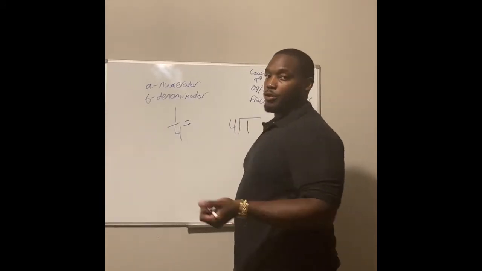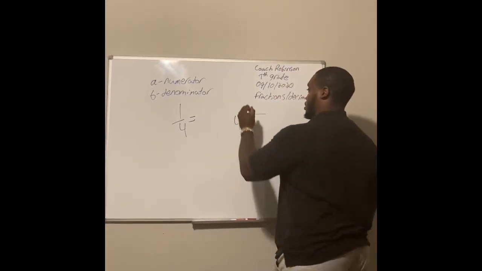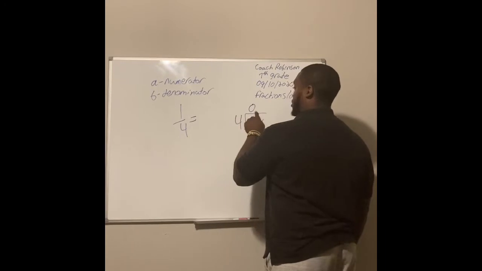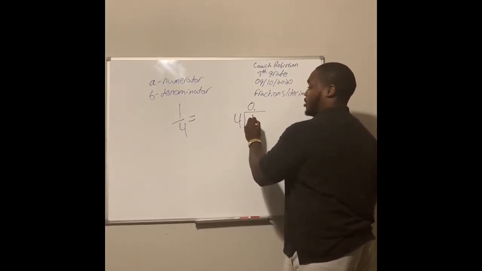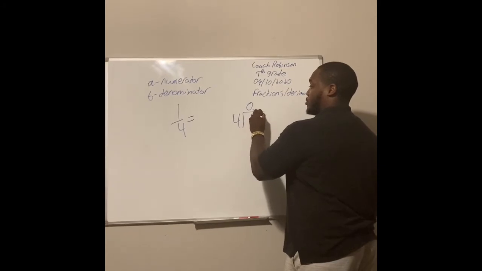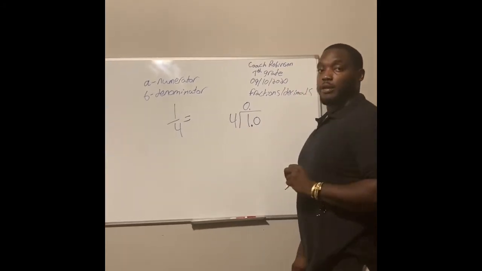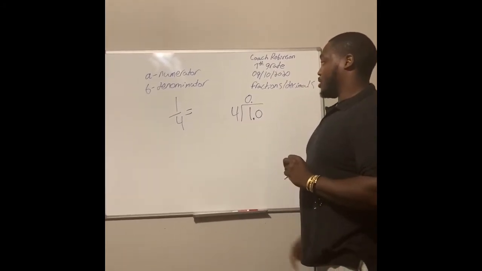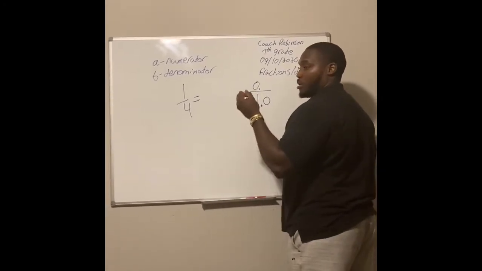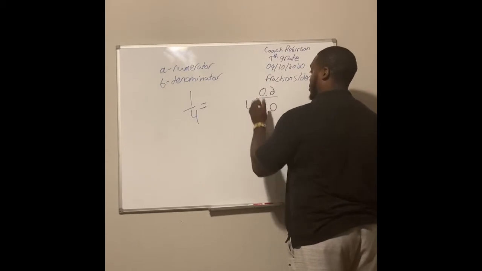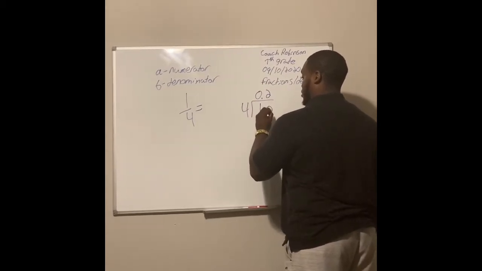So again, we'll take the denominator as our divisor and we'll divide it into the numerator, which is the dividend, okay? 4 cannot go into 1, so that is our 0. Okay, anytime you put a 0 up here, you put a decimal, you drop the decimal down, and then you put the 0 here as well. All right? 4 can go into 10 2 times, because 4 times 2 is 8. So your 8 will be here.